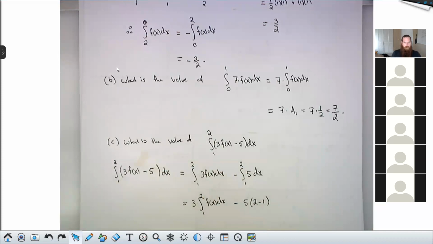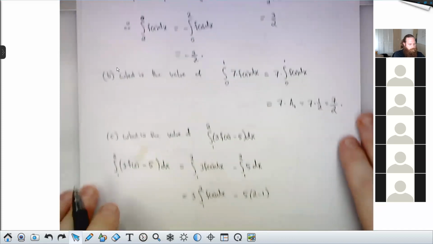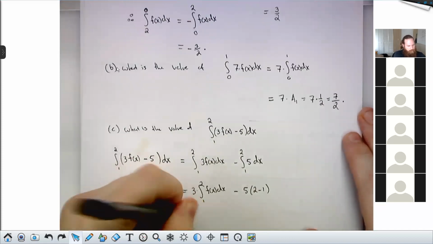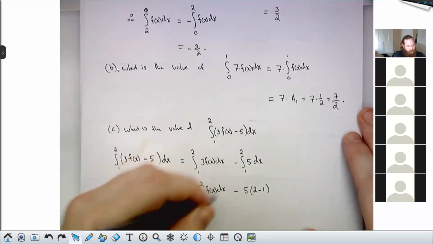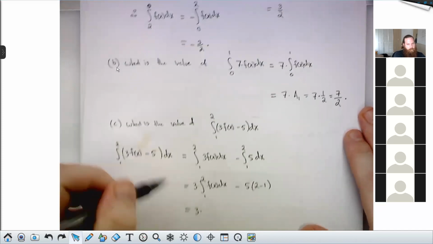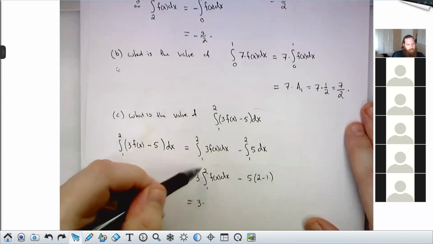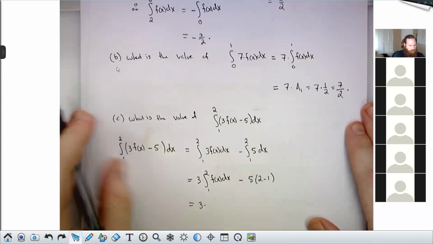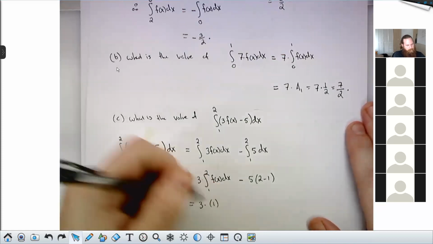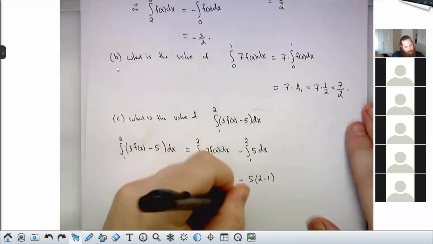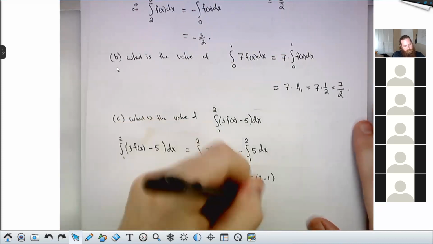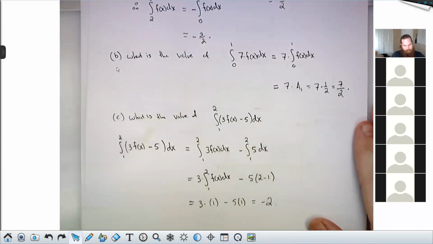So you can think of that area as just being a rectangle, and 2 minus 1 is 1. So this is just going to be 5. What is the integral from 1 to 2 of f of x? This 3 will come along for the ride. What is this piece? 1. Good. So this is 3 times 1 minus 5 times 1, or 3 minus 5, which is negative 2. Cool, right?